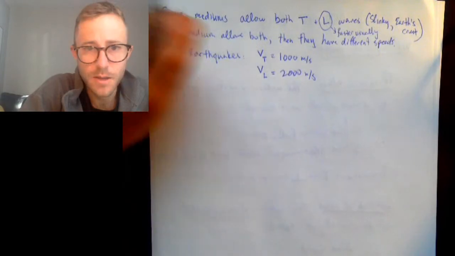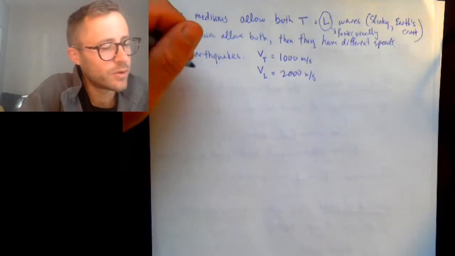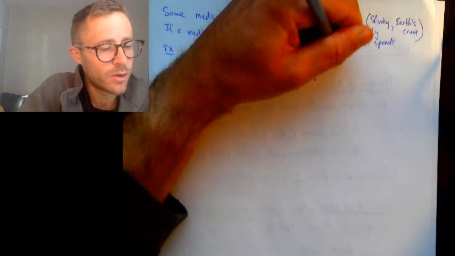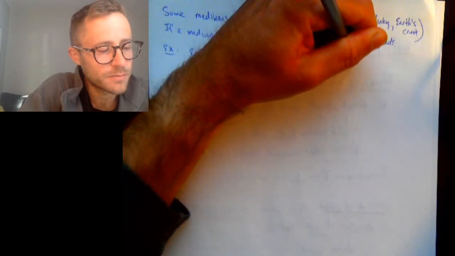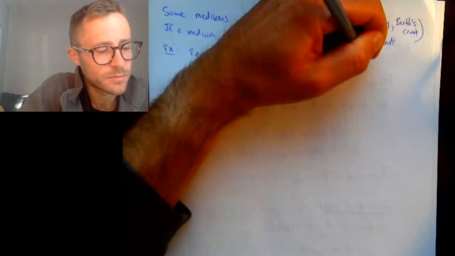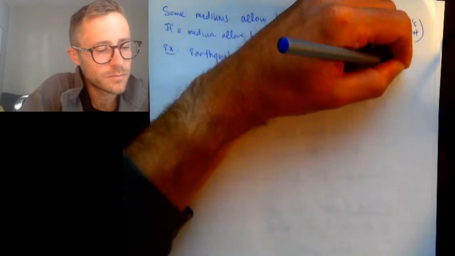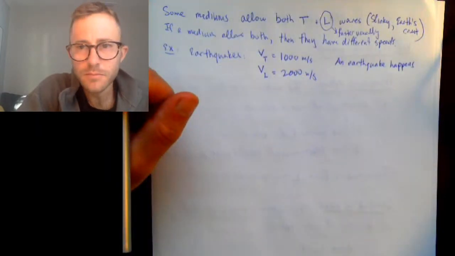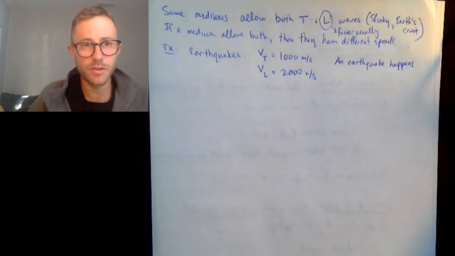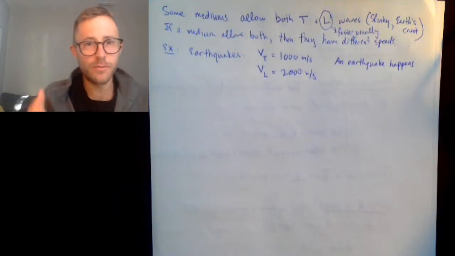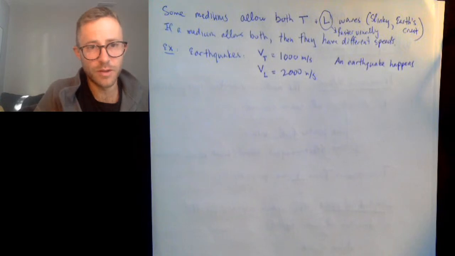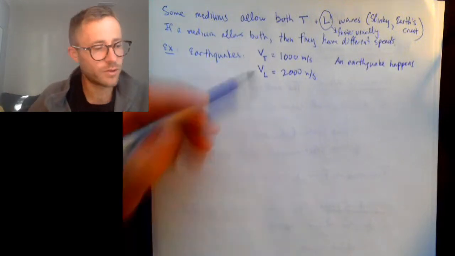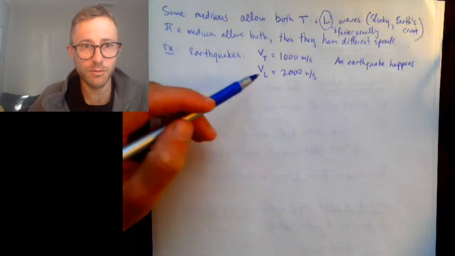Okay, so let's suppose an earthquake happens. Obviously, if an earthquake happens, you are going to feel the longitudinal waves before the transverse waves because the longitudinal waves traveled faster.